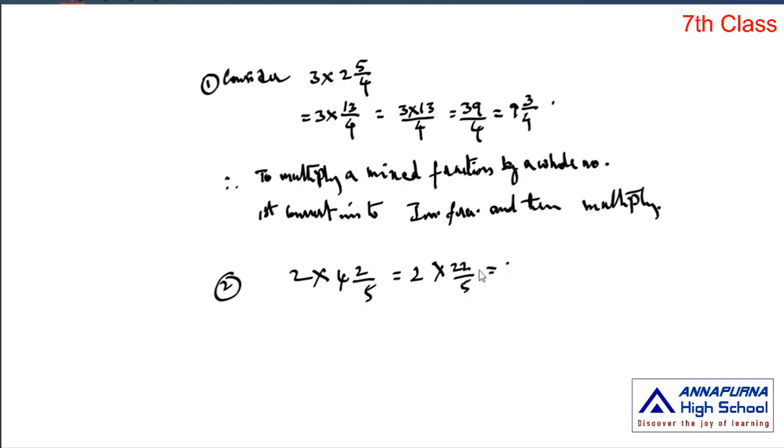Multiply the whole number and the numerator of the fraction, 2 22s, keeping the denominator the same, 5. 2 22s are 44 by 5. Now 5 8s are 40, so 8 4 by 5. So this is the multiplication of a whole number by a fractional number.